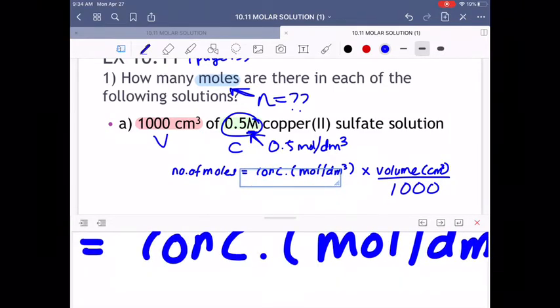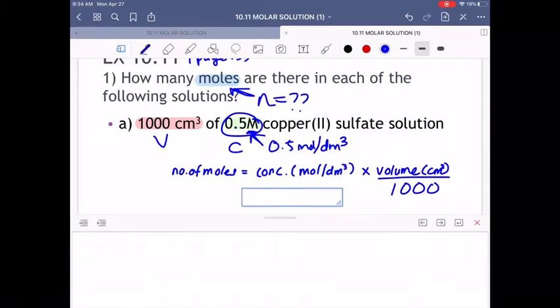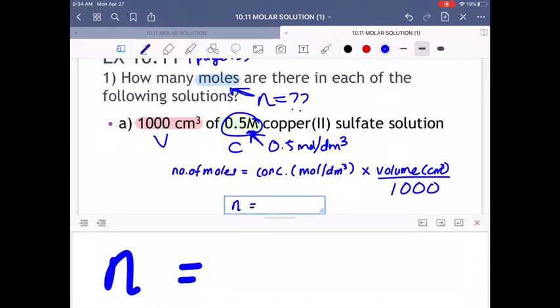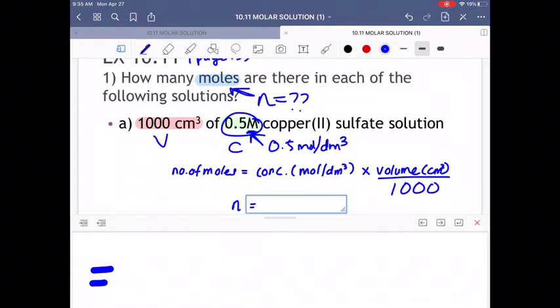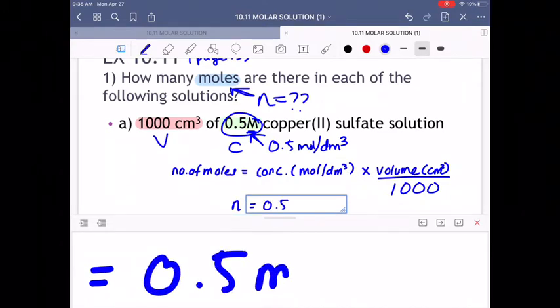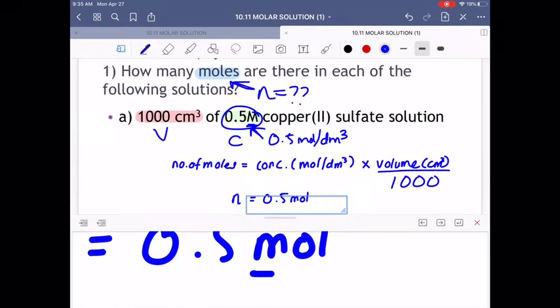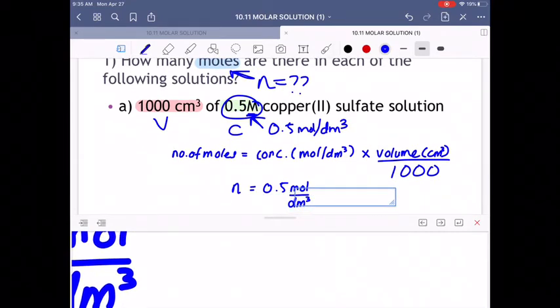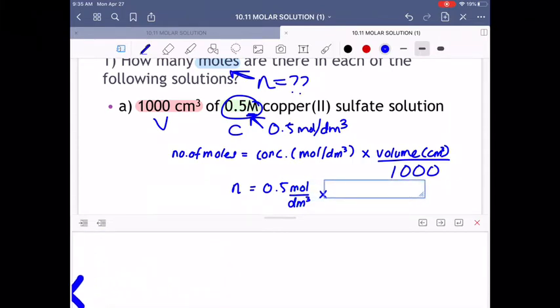Must remember this. So what you can do now is to substitute the value. Number of moles, I'm just going to put the letter N, is equal to concentration, which is 0.5 mole per dm cube. You can omit the units if you are confident already, but this is how I'm going to show you. The units will be cancelled by the end of the day.